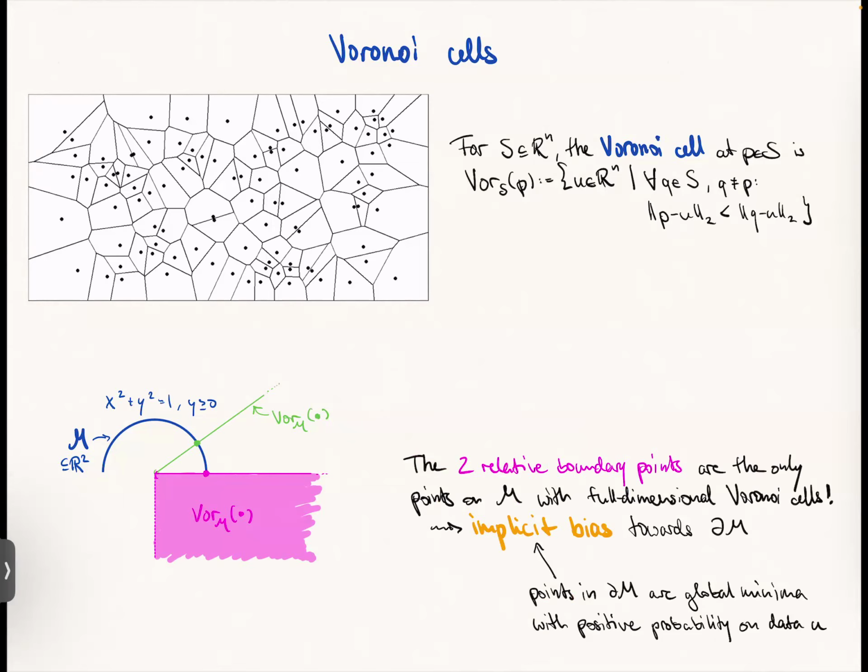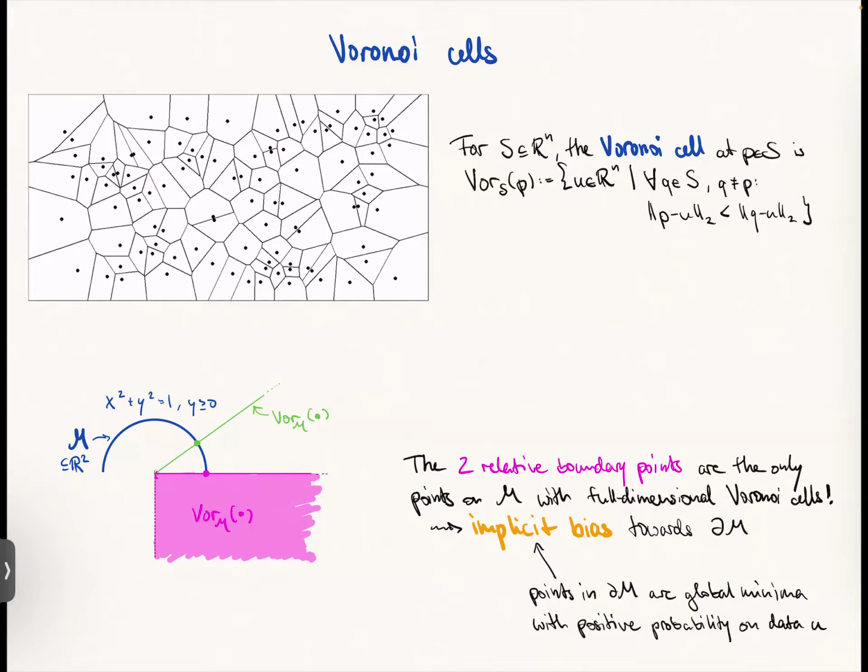So say I have some compact domain that contains this half circle, and that half circle is my model, my neuromanifold, and I have some probability distribution that covers this compact domain where I pick my data points.